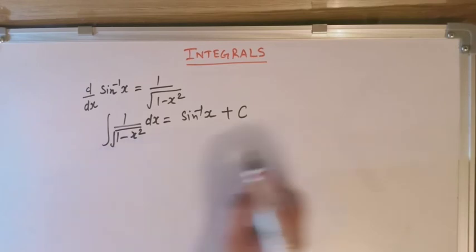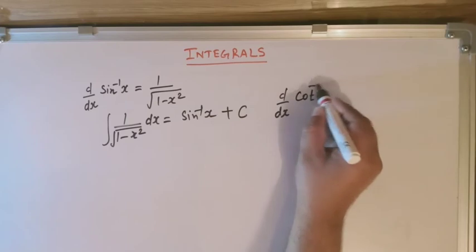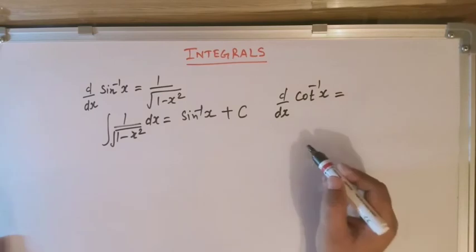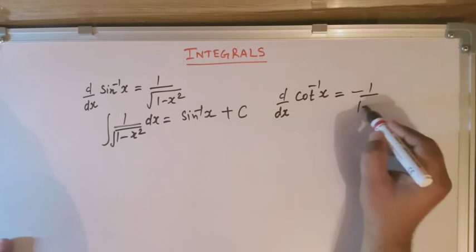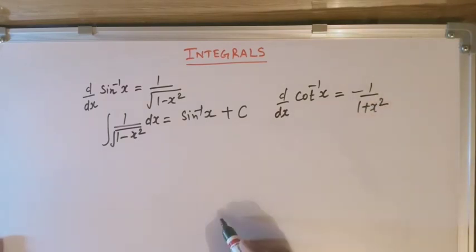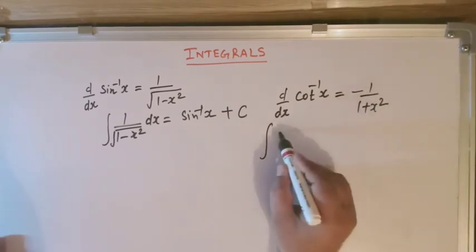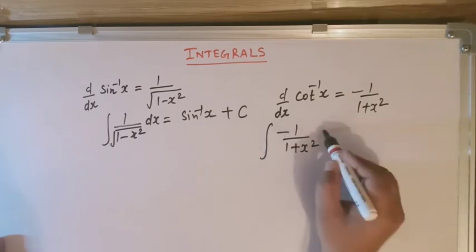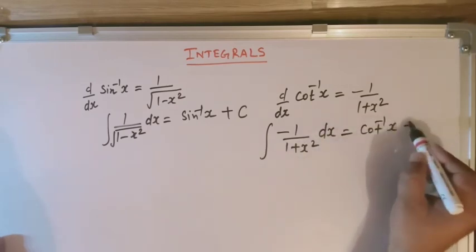Let us take one more inverse trigonometric function, and say we have the derivative of cot inverse of x. So the derivative is minus 1 over 1 plus x square. So by the definition of integration, we can write the integral of minus 1 over 1 plus x square dx is equal to cot inverse of x plus c.